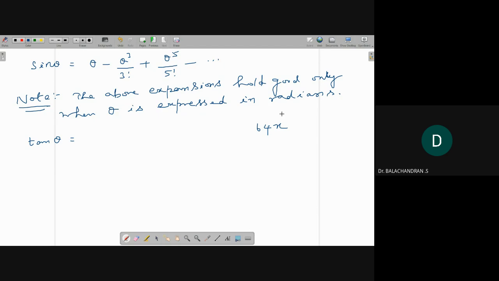Okay, then 64 x power 6 minus 112 x power 4 plus 56 x power 2 minus 7 equal to 0. Yes, you are correct.